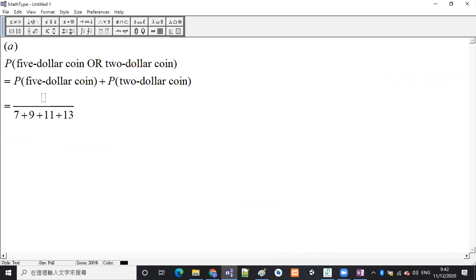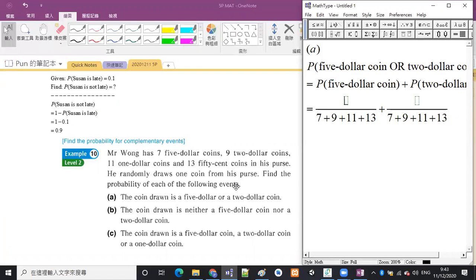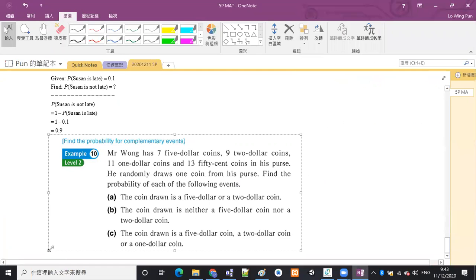Okay, so just adding 2 probabilities together, and each of them will have the same denominator, being this. Okay, so how many $5 coins are there? There will be 7. And then how many $2 coins are there? Will be 9. So the answer will be just equal to 16 over 40, which is equal to 2 over 5. So that is part A.